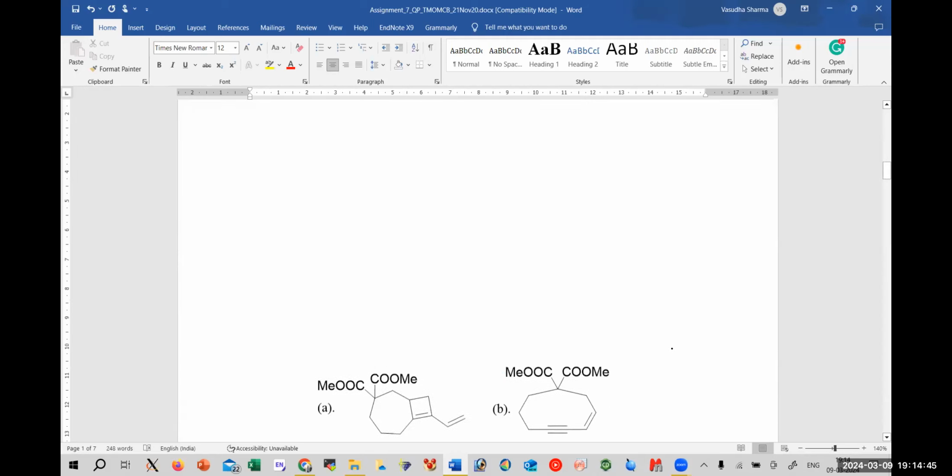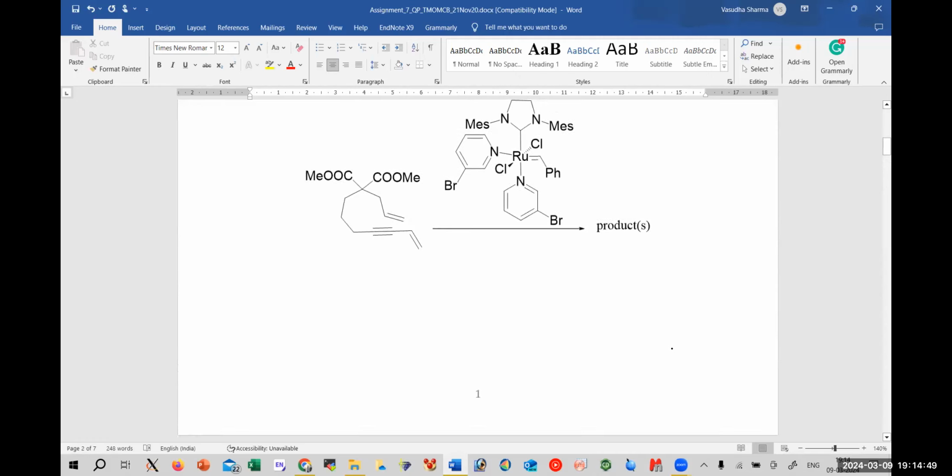What would be the corresponding products that we are going to have, that we'll check here? Since we know that this is actually the substitution of your alkyne. So this is the alkene that you are going to consider, and this is the alkyne you are going to consider. So firstly, the mechanism says that it would undergo.